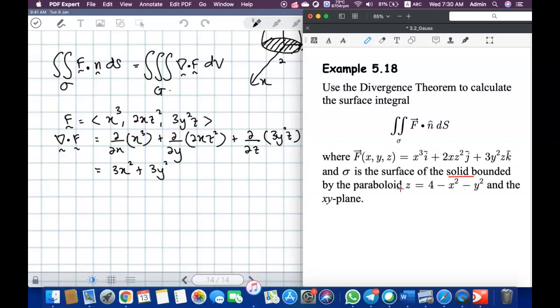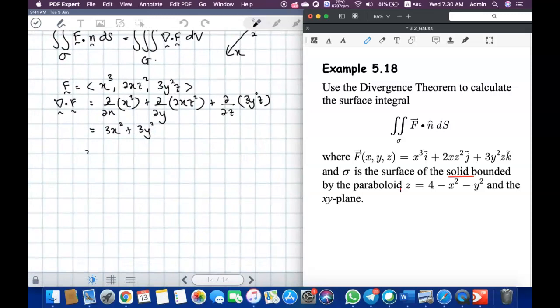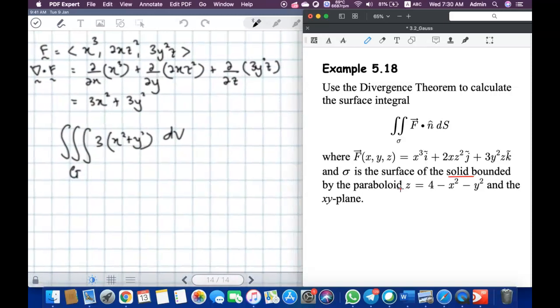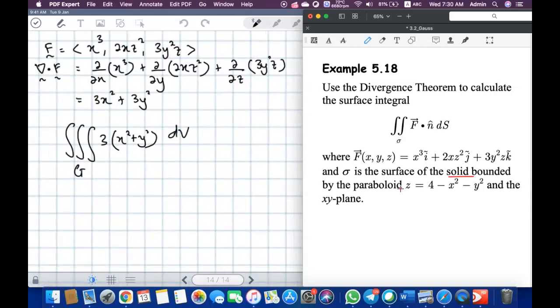Okay, so then our triple integral now becomes the triple integral of 3 times (x squared plus y squared) over G dV. Okay, so now we go back to the standard triple integral.